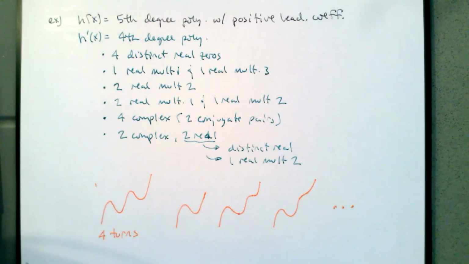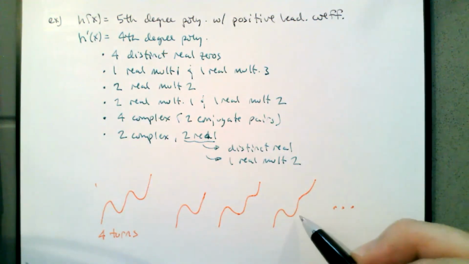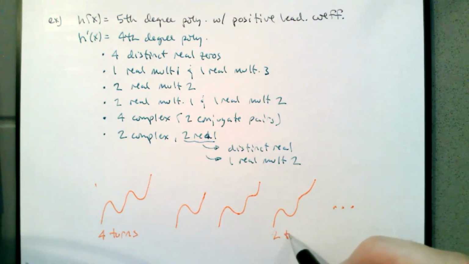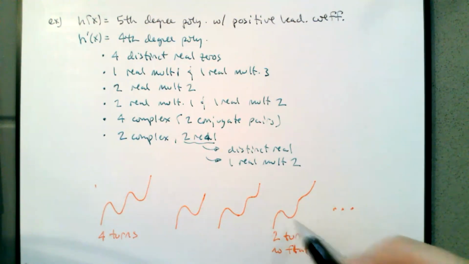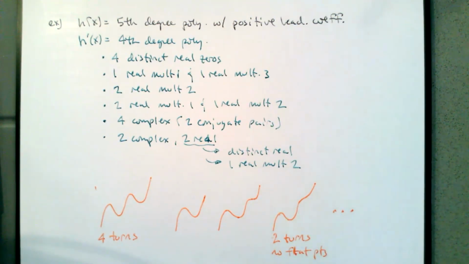Okay. And the last one will be 2 turns but no flat points. So do we have critical points? We have to have 2 critical points because that represents those 2 turns. Okay. Thank you, Professor.